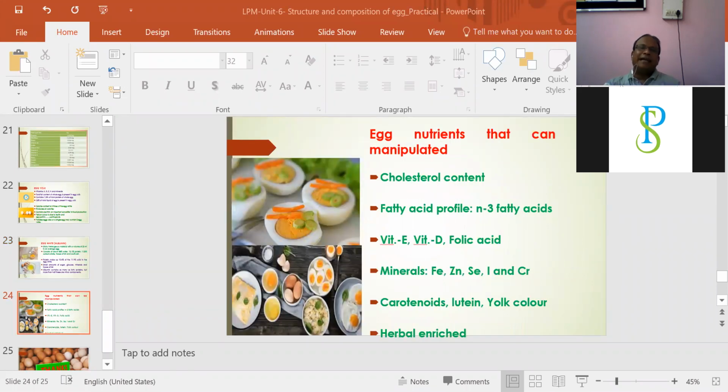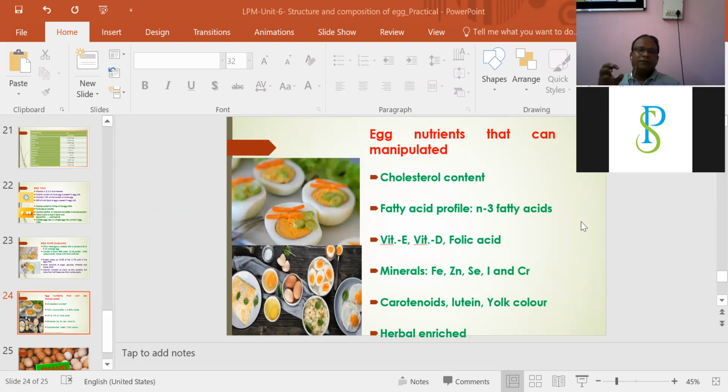Egg nutrients can be manipulated. The type of nutrient present in the egg can be changed by the diet. That is cholesterol content, fatty acid profile, omega-3 fatty acid, vitamin E, vitamin D, folic acid, minerals like iron, zinc, selenium, iodine, copper, carotenoids like xanthophyll, lutein, and yolk color, and herbal enrichment.